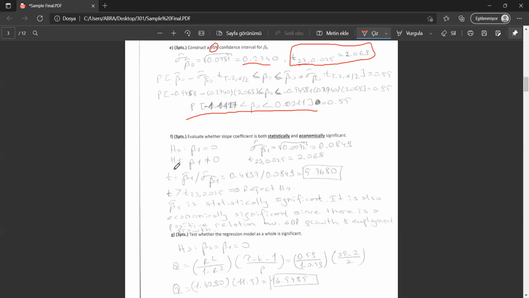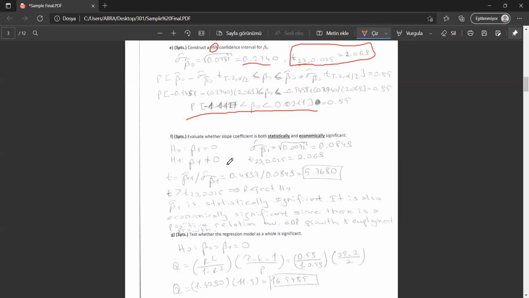And the alternative hypothesis is H1, which says that beta 1 is not equal to 0. If you see that kind of test, where something equals something in H0, and in H1 you have something is not equal to something, you will have a two-tailed test, okay?